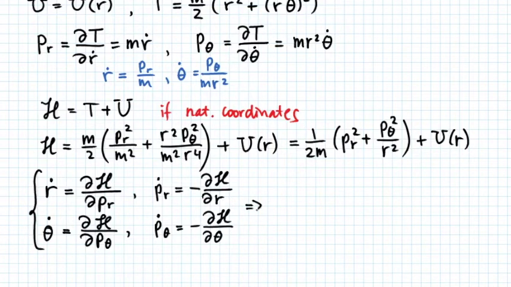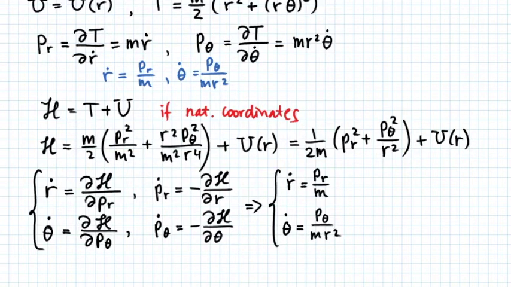What we get from our Hamiltonian is the following. r dot is simply p sub r divided by m. Theta dot is p sub theta divided by m r squared.